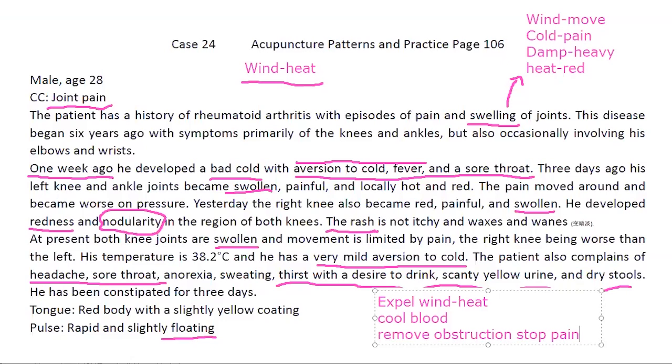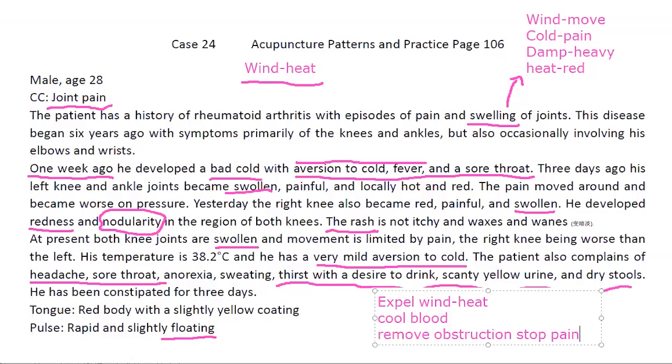And what are the points you use? Bladder 17, bladder 60, gallbladder 20, gallbladder 34, gallbladder 40, that's good. LI4, LI11, good. Stomach 35, good. Spleen 10, good, yes. LI4, LI11, Sanjiao 5, yes.